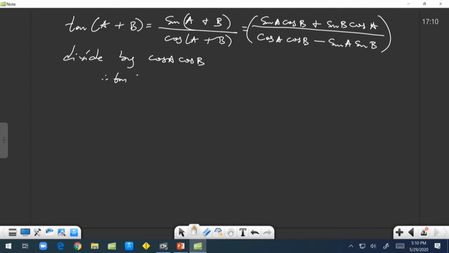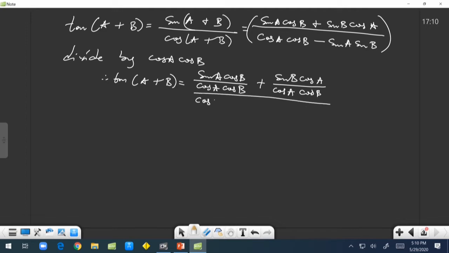So we have tan A plus B equal to sine A cos B divided by cos A cos B plus sine B cos A divided by cos A cos B, all divided by cos A cos B divided by cos A cos B minus sine A sine B divided by cos A cos B.